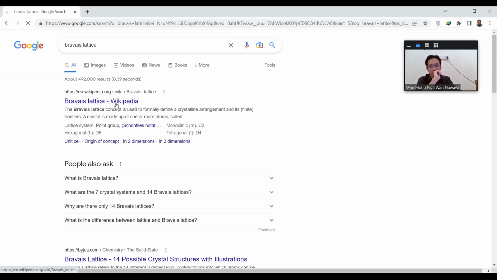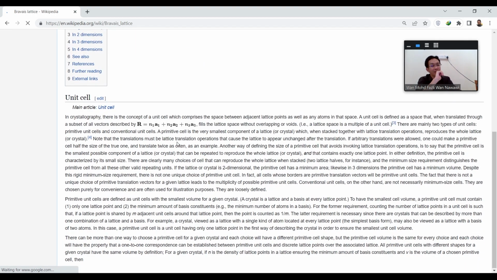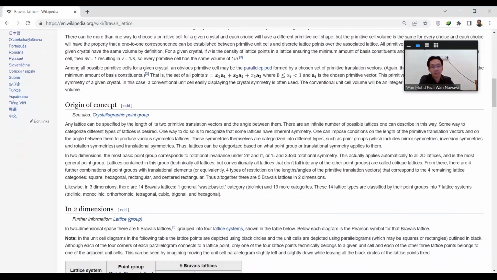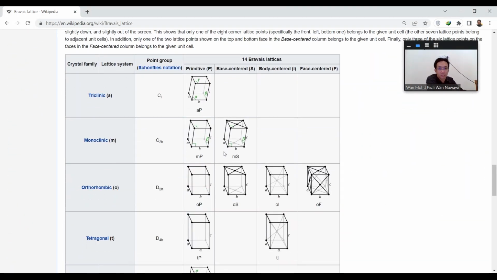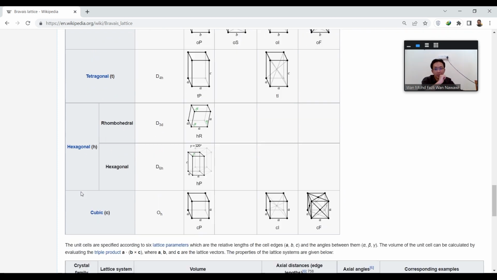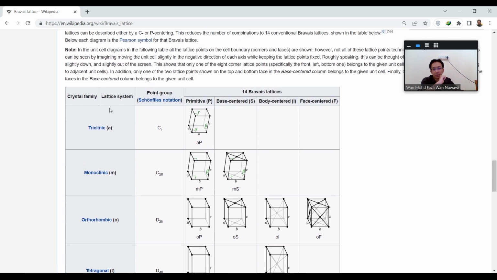Looking at Wikipedia, we said in the previous class that crystalline materials have seven crystal systems, which are triclinic, monoclinic, orthorhombic, tetragonal, hexagonal, and cubic. So there are seven crystal systems, and within the seven, there are 14 Bravais lattices.